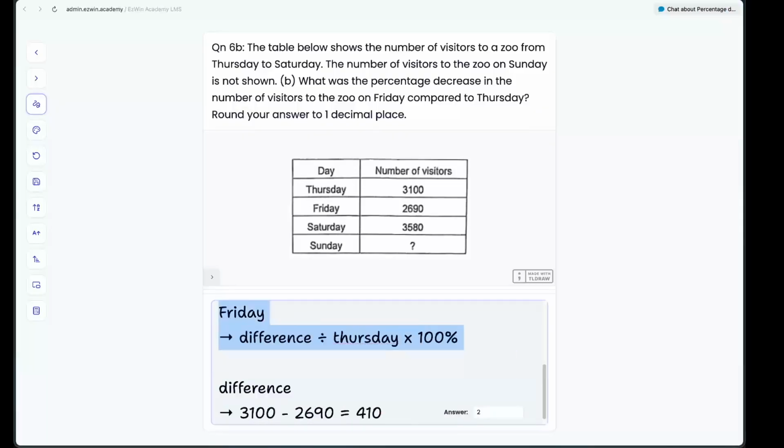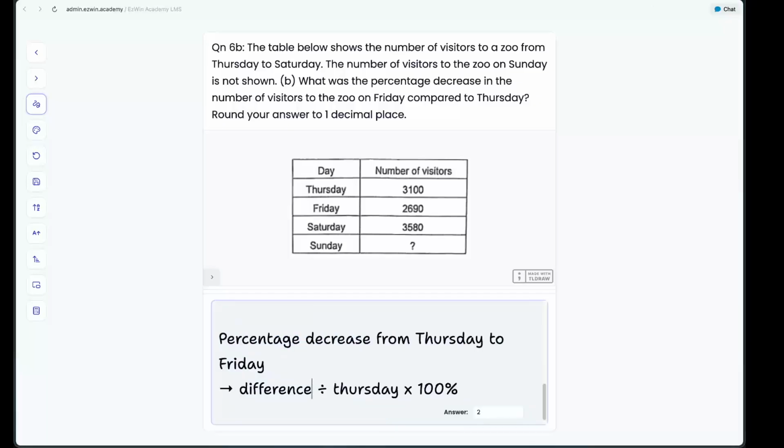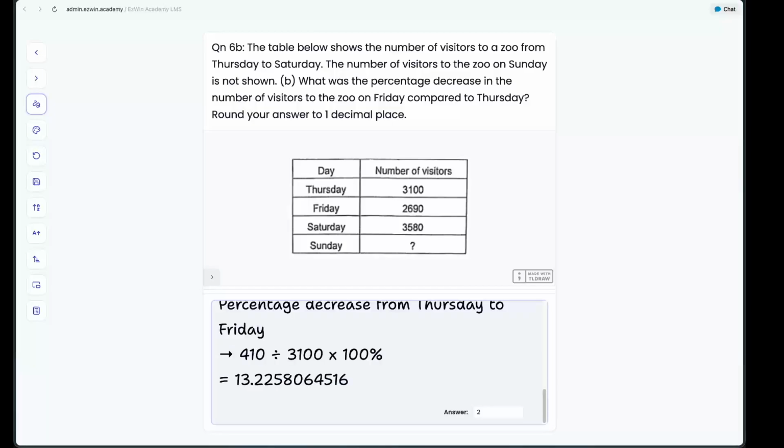Now we can get the percentage decrease, which is the difference, 410, divided by Thursday's 3100, times 100%. This will give us a very long number. We want to round our answer to 1 decimal place, which in this case is 13.2%. There you go. So the answer is 13.2.